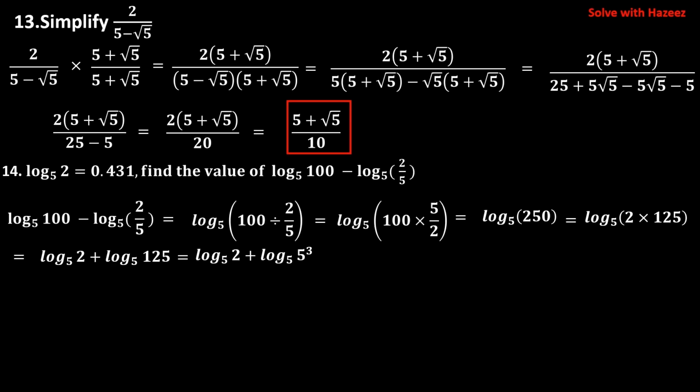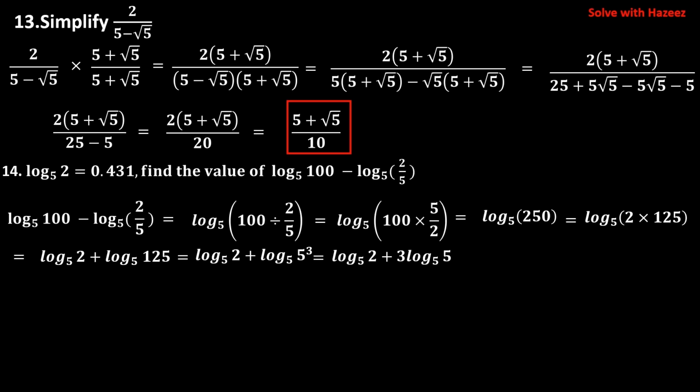What this is telling us is that 5 raised to power 3 is the same thing as 125. So applying the laws of logarithm as well, we'll be having log 2 base 5 plus the power, which is the 3, can come down. So we'll be having log 2 base 5 plus 3 log 5 base 5.